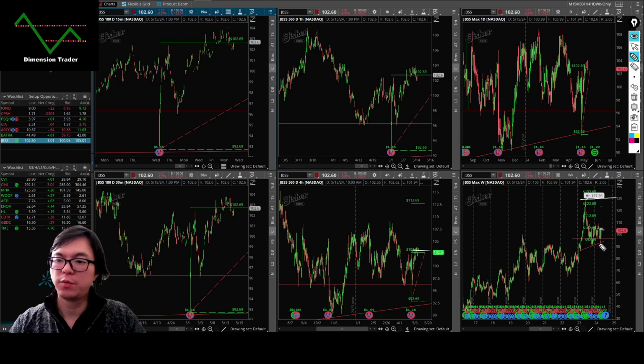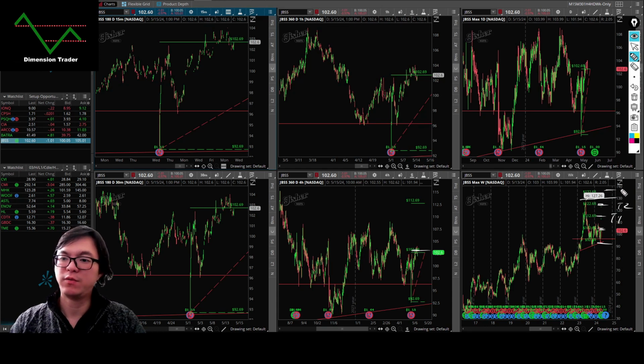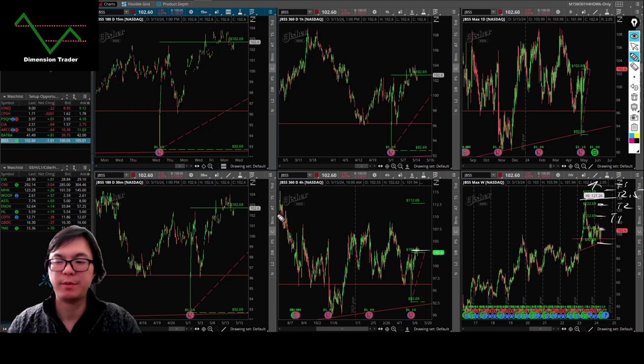If we put our stop down here, this is our target 1, this is our target 2. This might not hit 127 for target 3, so probably here is only target 2.5. Target 3 will be going beyond this area.